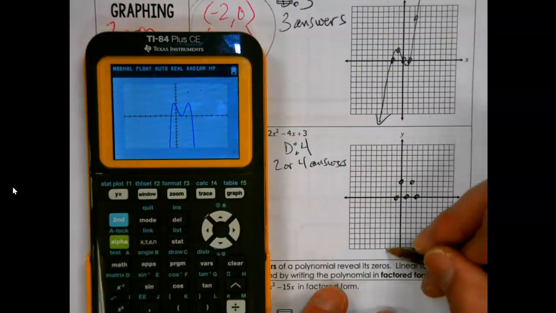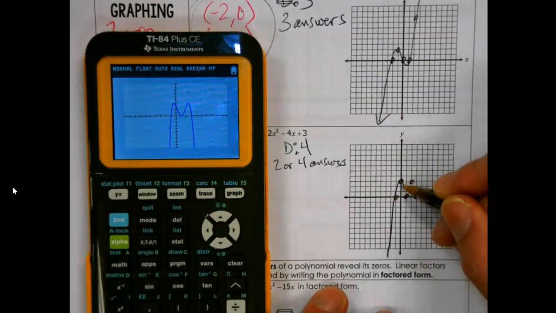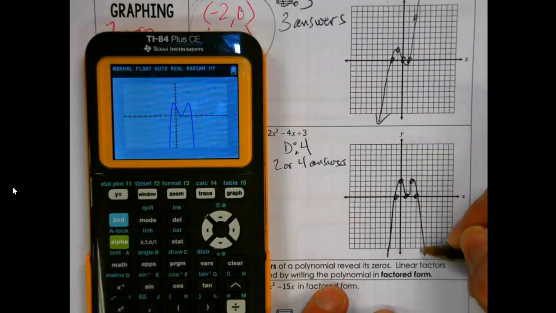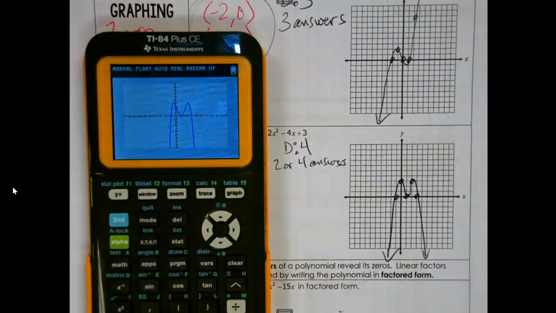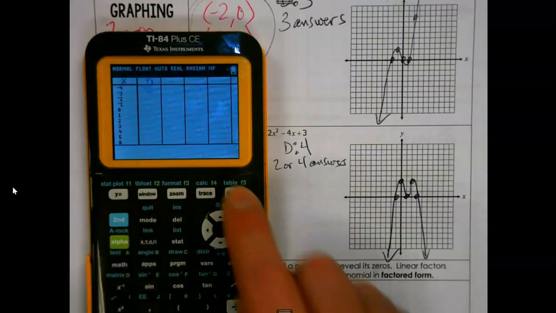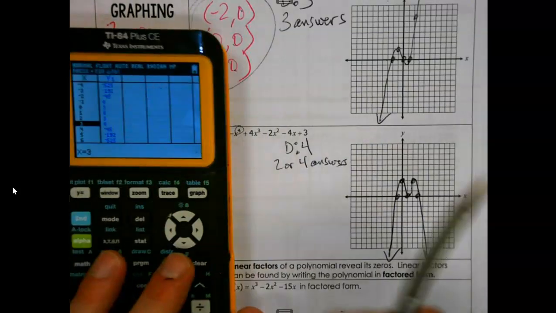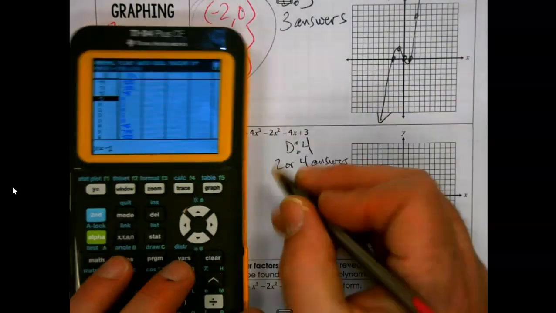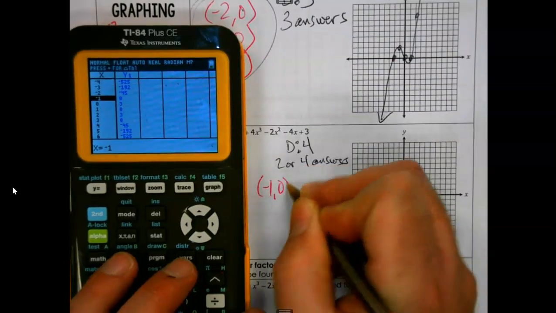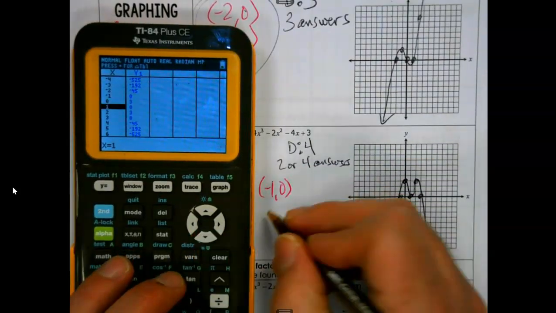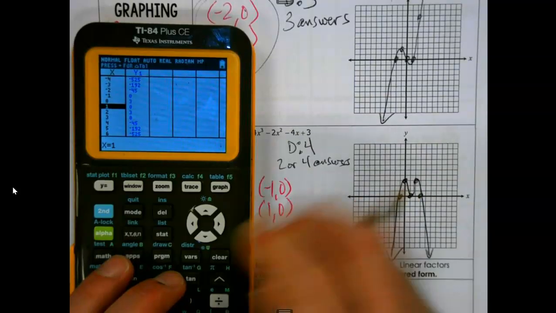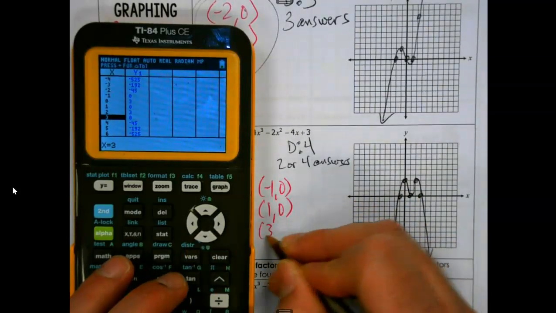So I'm like, okay, I can handle this. But the important part was, how many zeros did I find? So we found 3. We've got one at -1, 0. We've got one at 1, 0. We have one at 3 zeros.